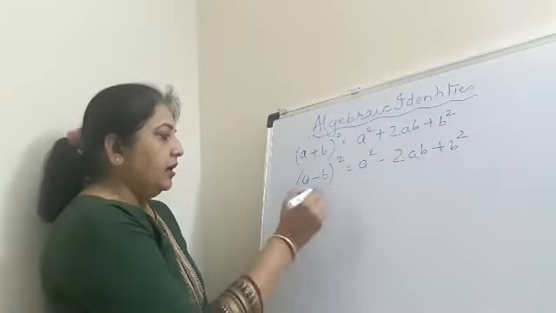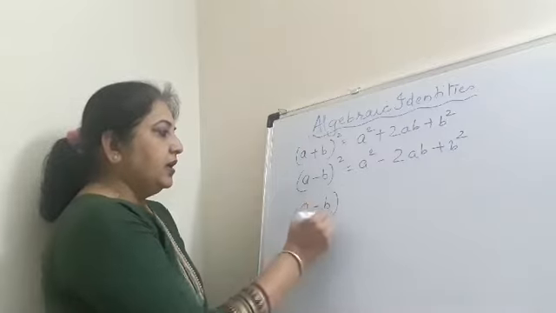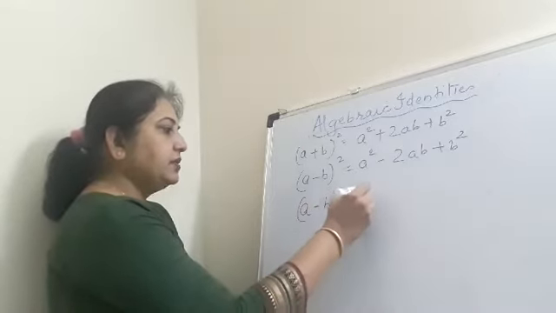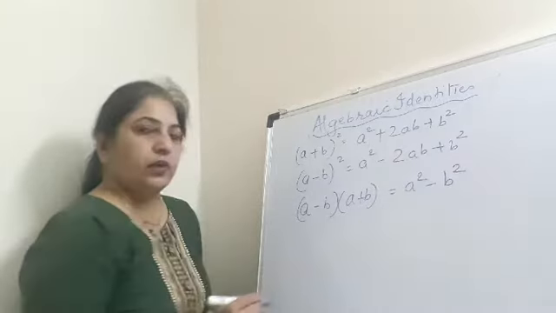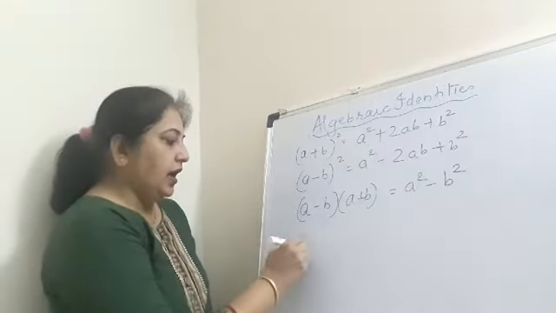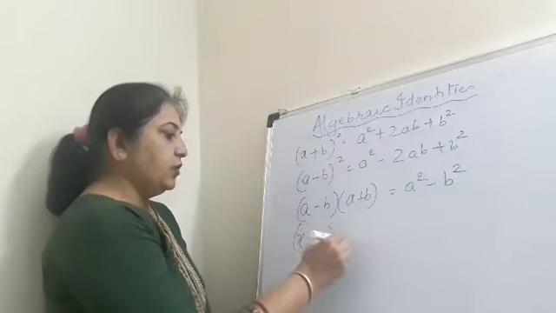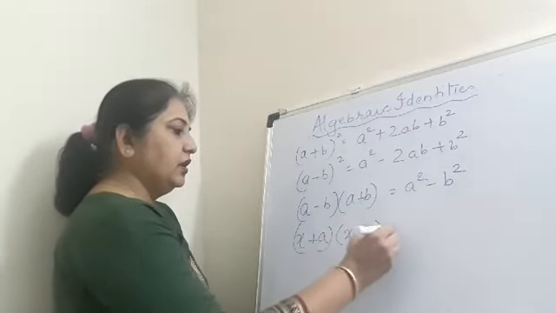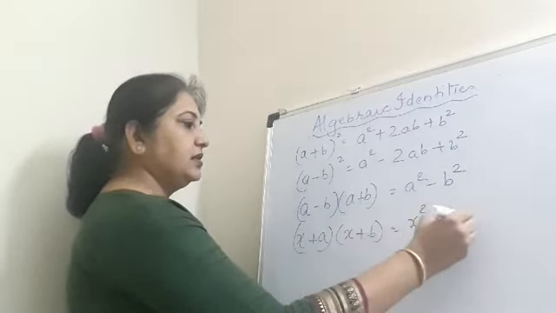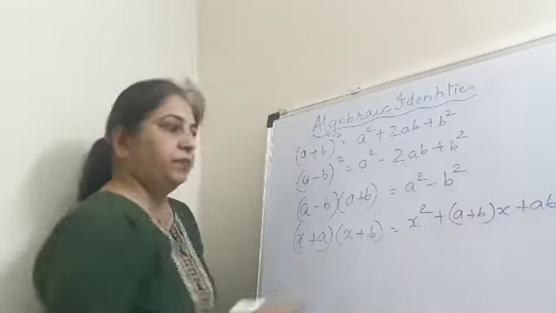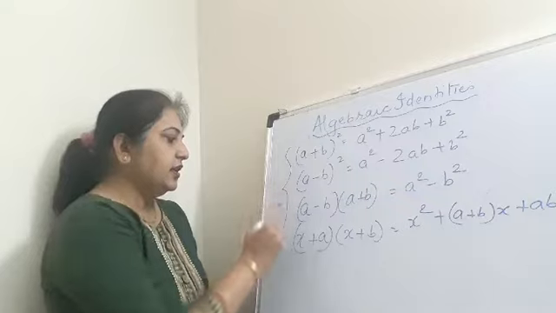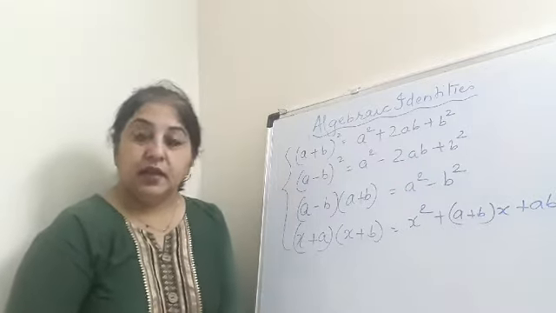Then (a - b)(a + b) is equal to a square minus b square. Okay, (x + a)(x + b) is equal to x square plus (a + b)x plus ab. So these are the identities which you have studied in class 8th.